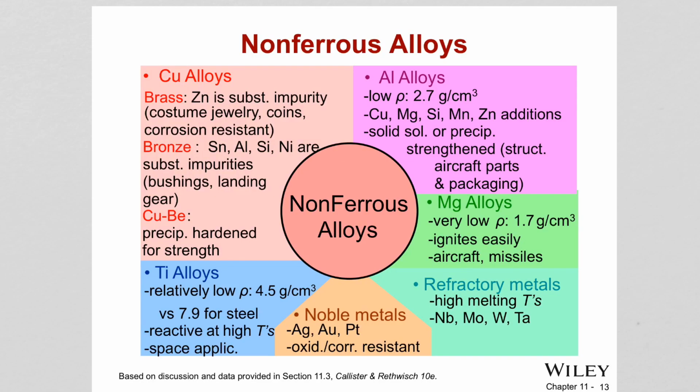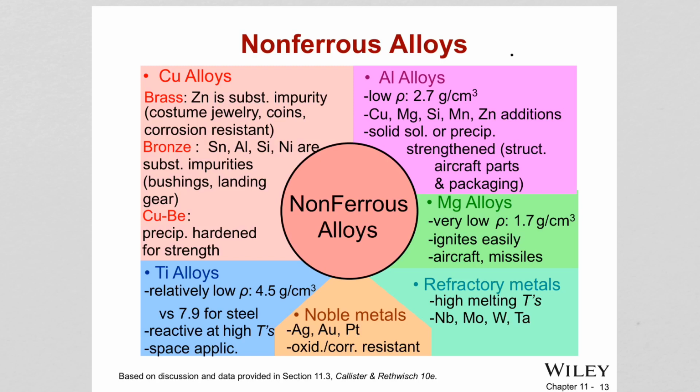Okay, so non-ferrous alloys are classified according to the base metal, and a distinction is made between cast alloys or wrought alloys. Cast means the alloys are so brittle that they cannot be formed or shaped with different manufacturing techniques.